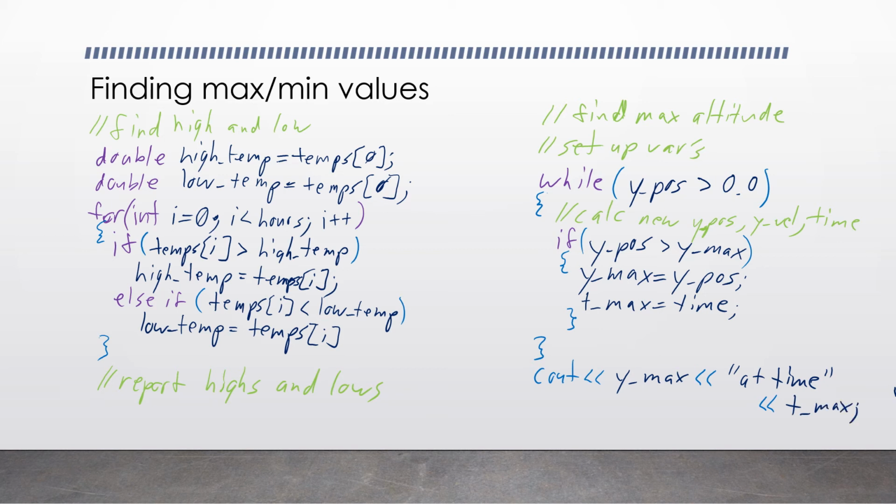And then whatever other output we wanted to give. Note I would never actually use an output statement like that. I'd include text like the rocket reached y max meters at time t max seconds or something like that. I would always give more information than that, but I'm running out of space on this slide.